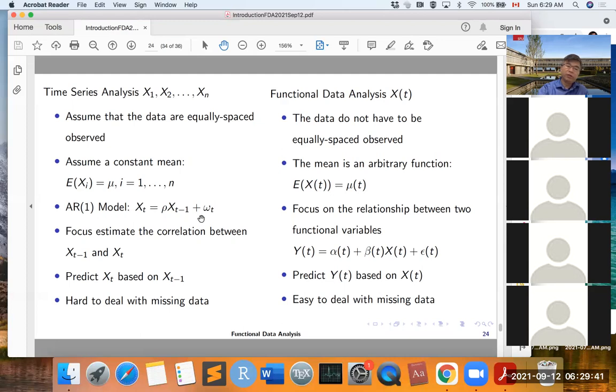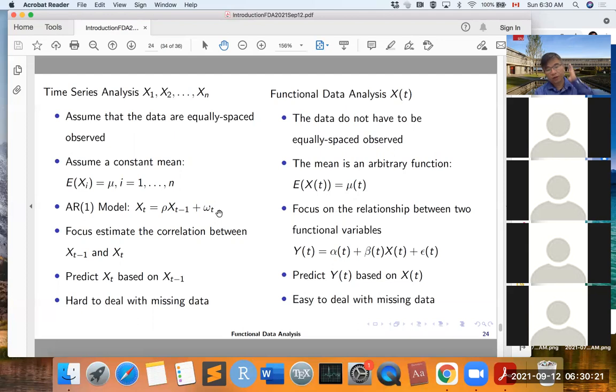Here is one assumption, like the classic AR1 model: you see here, they will have xt related to xt minus 1. When they write the model, they actually write down x with an index of t directly. So you can imagine that if we have missing data, not equally spaced data, then we will have some difficulties working with these time series models.